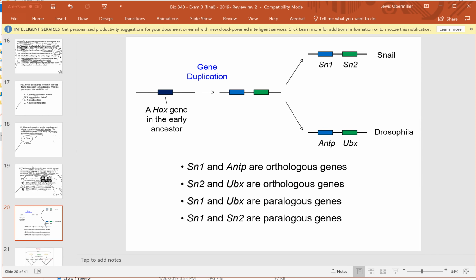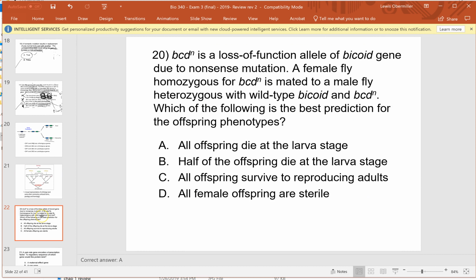Alright. Let's just show you the answer. And that's another slide to show you. Okay. So the female is homozygous for BCDN. It's mated.